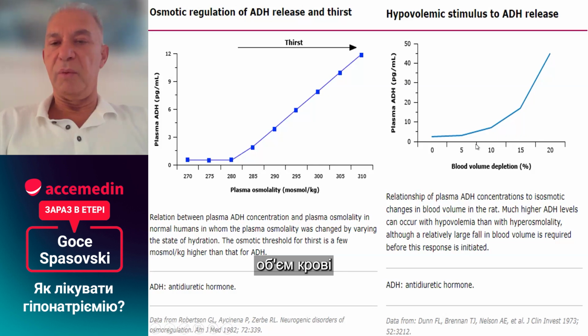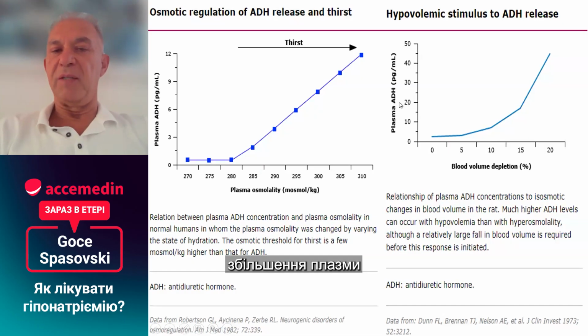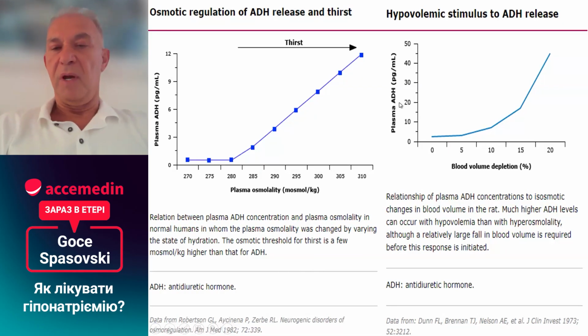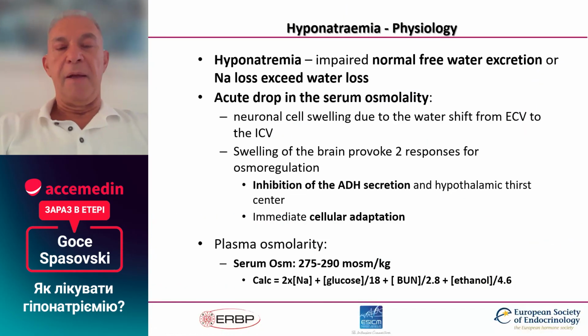With blood volume depletion above 10 to 15%, we have increasing plasma ADH secretion in order to increase the blood volume.